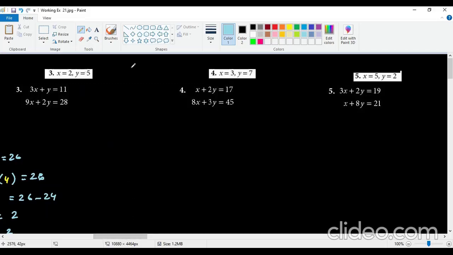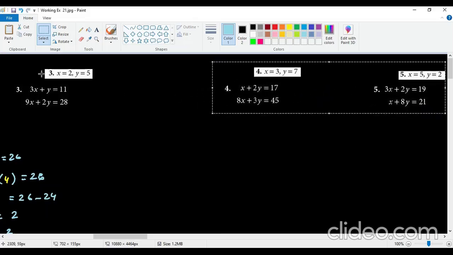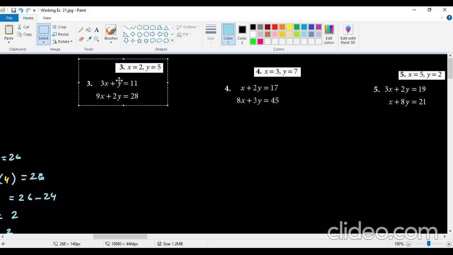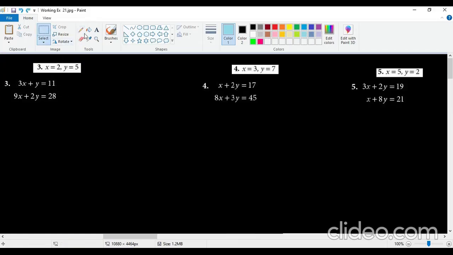In here, I will place these a little ahead. Now I'm taking you to question number 3. In question number 3, I will keep this over here, and I know very well 3x and 9x, I can equalize them when I multiply this equation by 3 and this equation by 1.